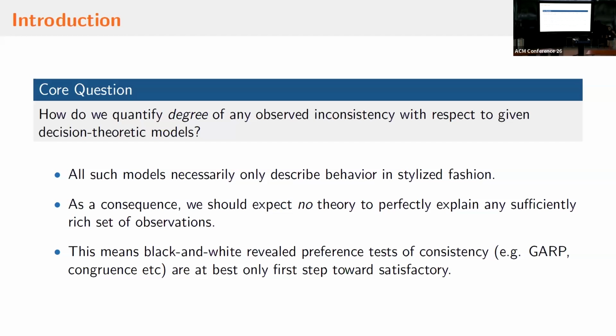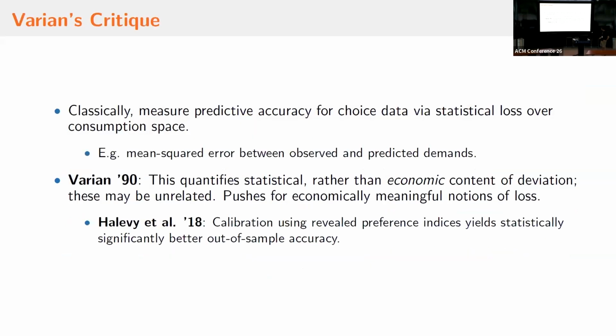And lots of your old-fashioned revealed preference indices, like GARP or congruence, say the data is consistent, yes, or not consistent, no. These are good, but these are a first step. What we should really be interested in are these shades of gray in between consistency and inconsistency.